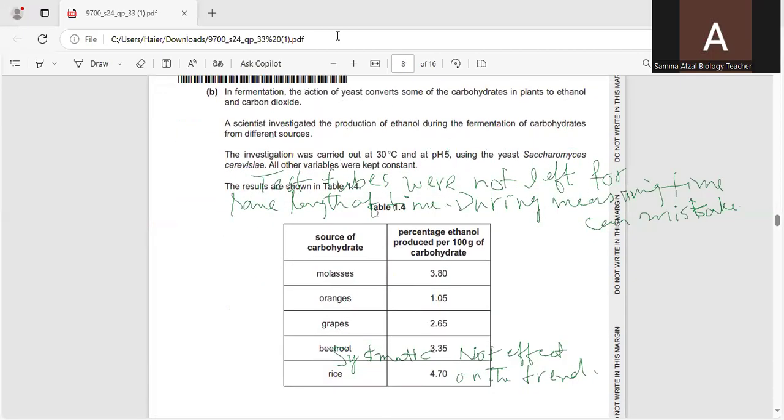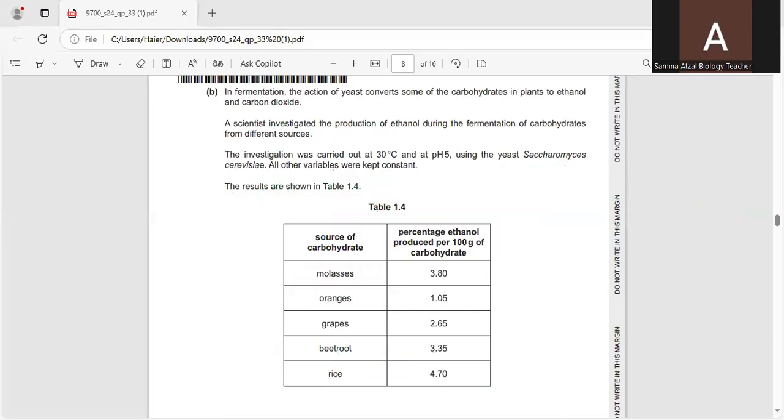Okay, next is the part of this question, which is: in fermentation, the action of yeast converts some of the carbohydrates in plants to ethanol and carbon dioxide. A scientist investigated the production of ethanol during the fermentation of carbohydrates from different sources.